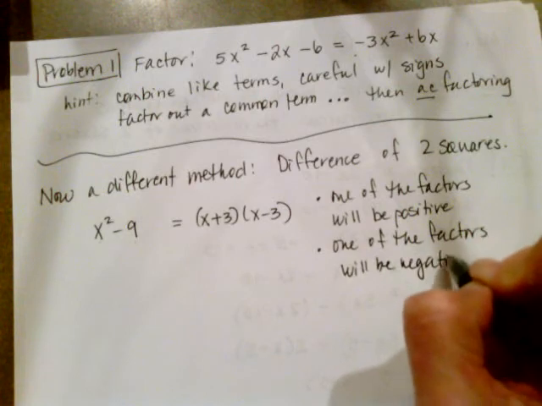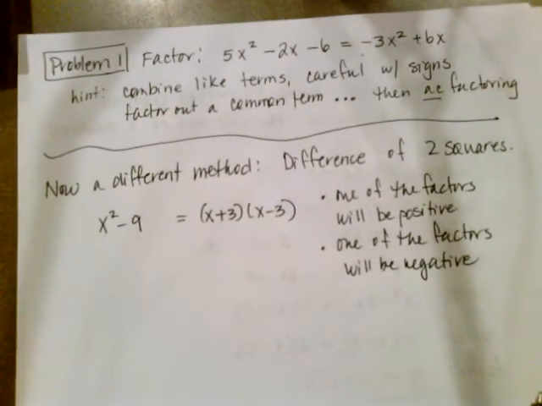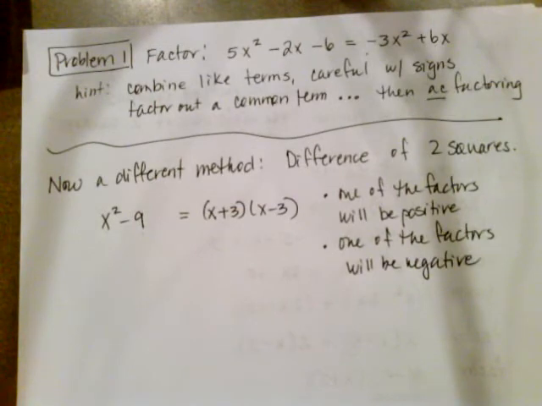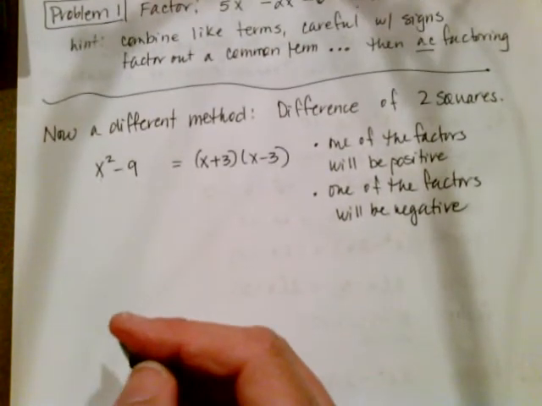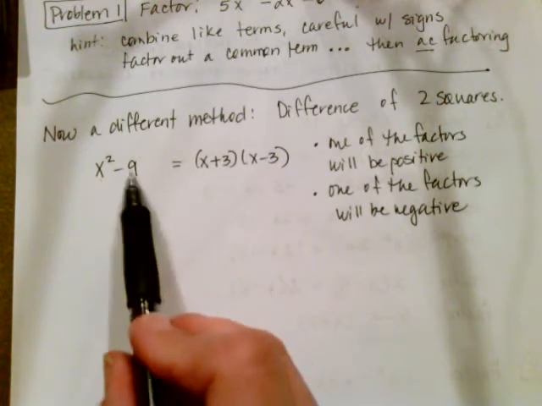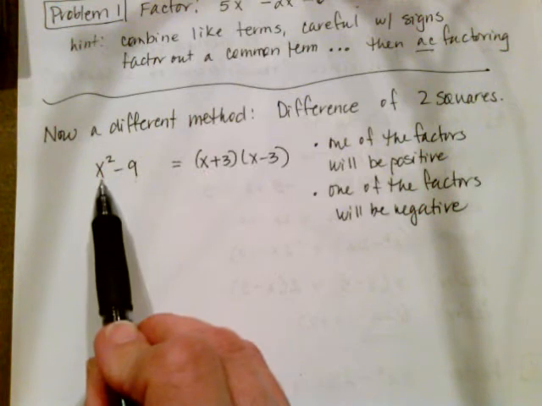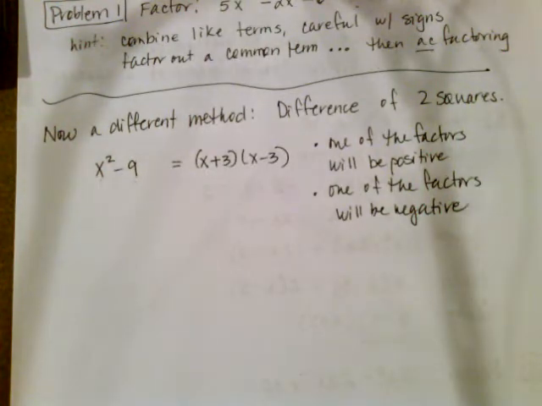This only works when I have two terms, so a binomial, and each of the terms is a perfect square. Notice that the 3 is the square root of 9, and x is the square root of x squared.